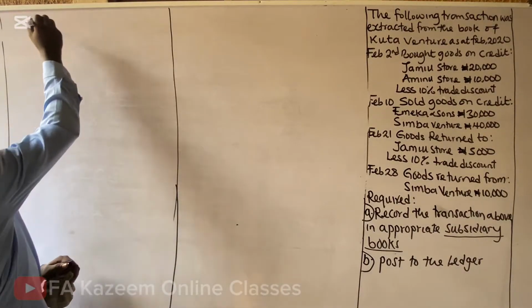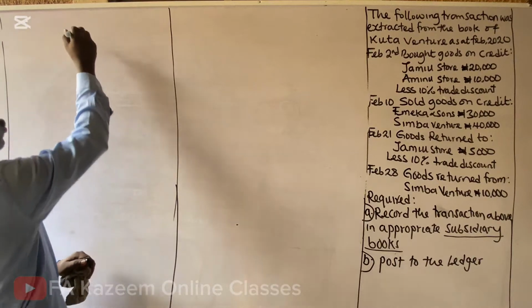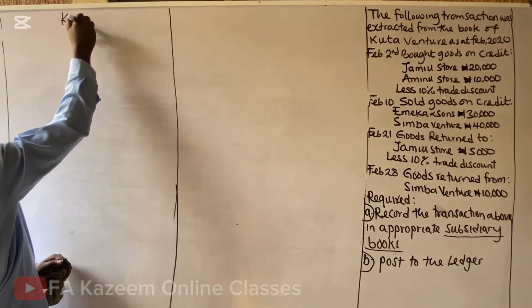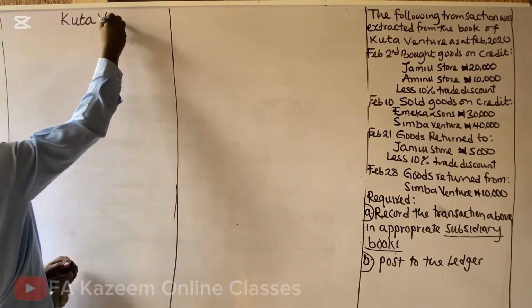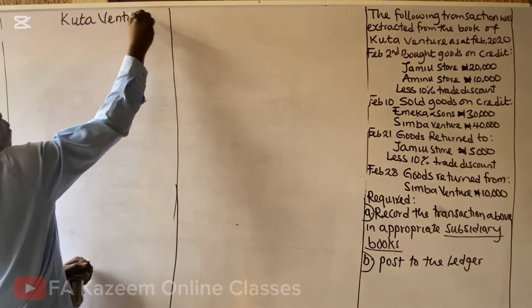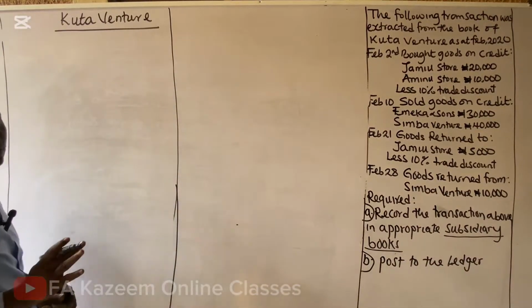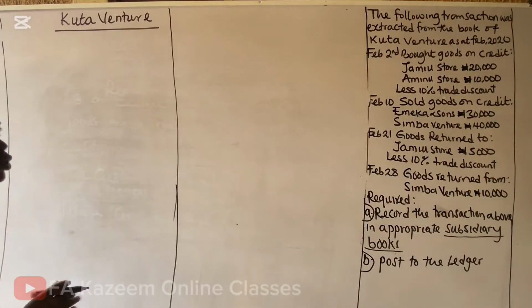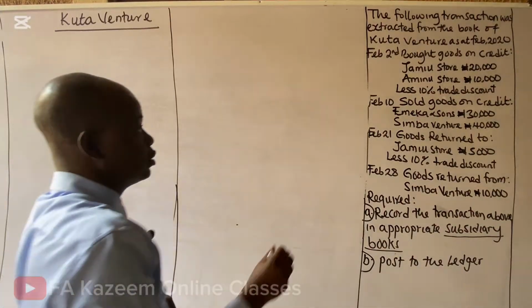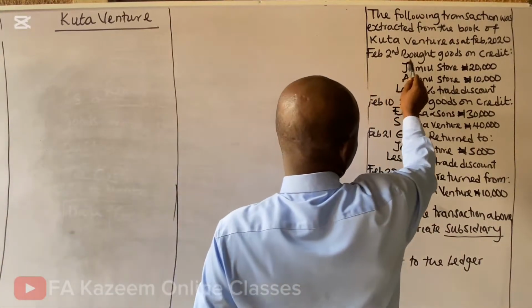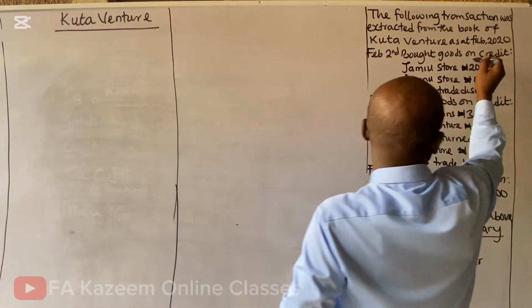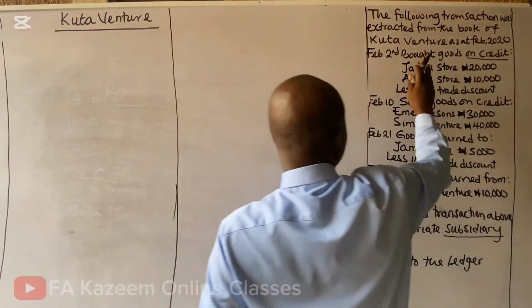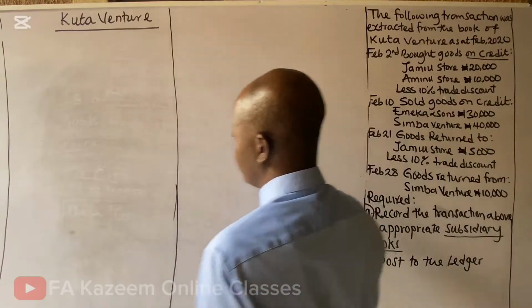We're looking at Kunta Venture. Now, in Kunta Venture, on February 2nd, bought goods on credit. So far, the question says bought goods and is on credit.